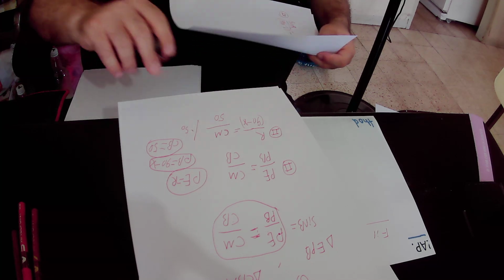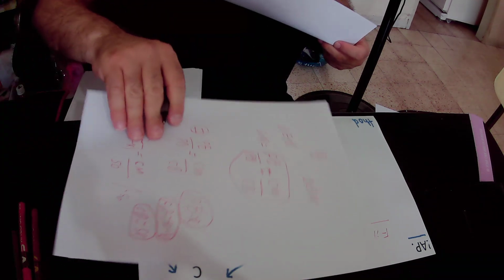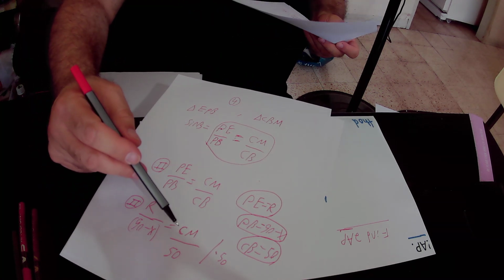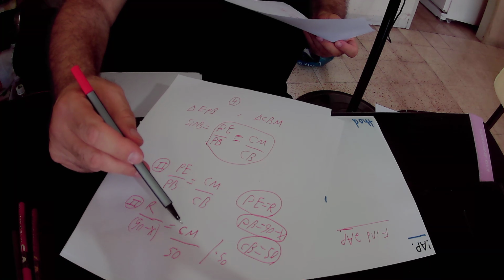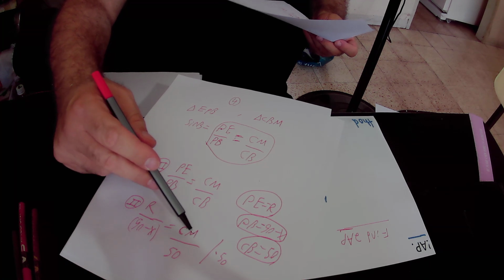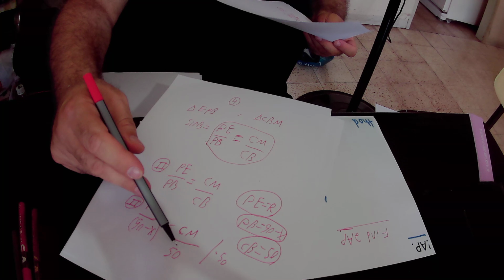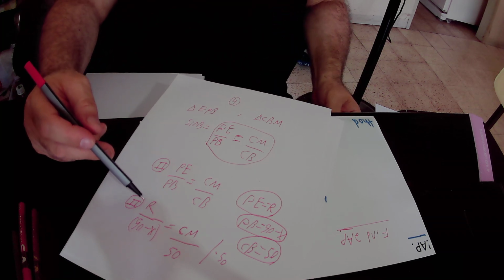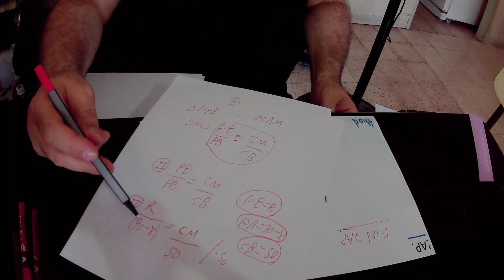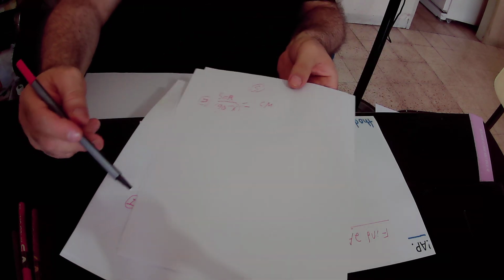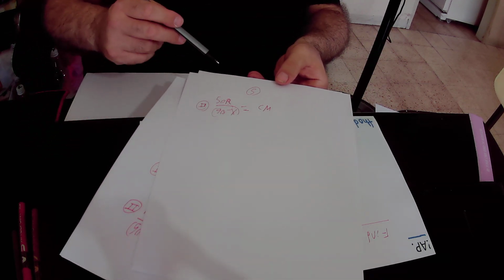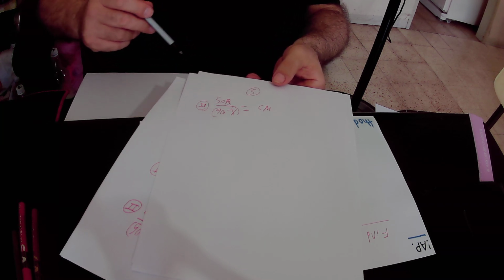CM times 50 divided by 50 equals to CM, and R over 90 minus X times 50 equals to 50R over 90 minus X.